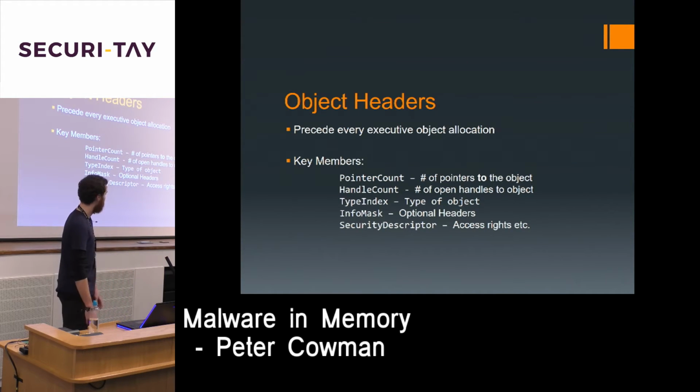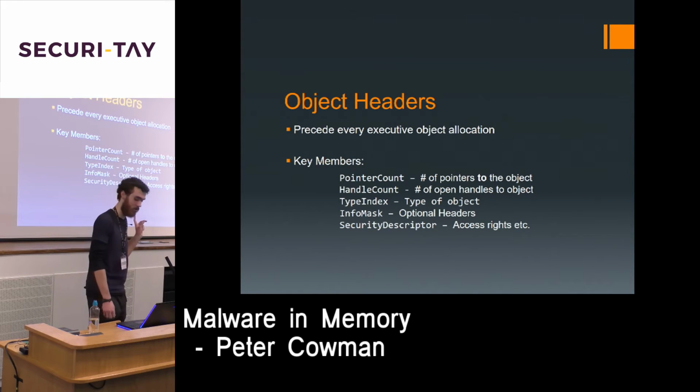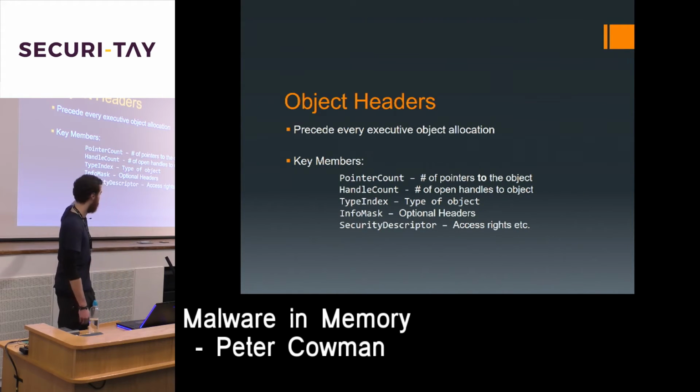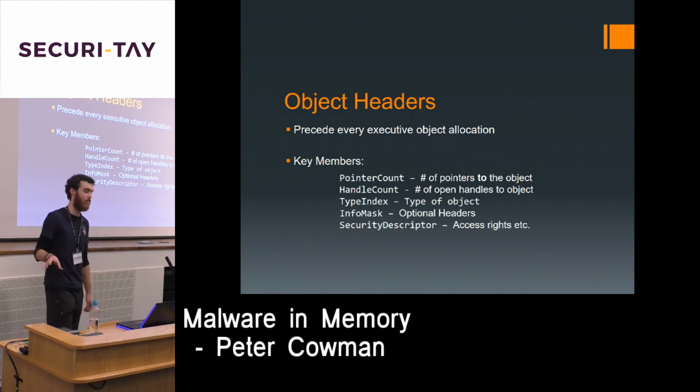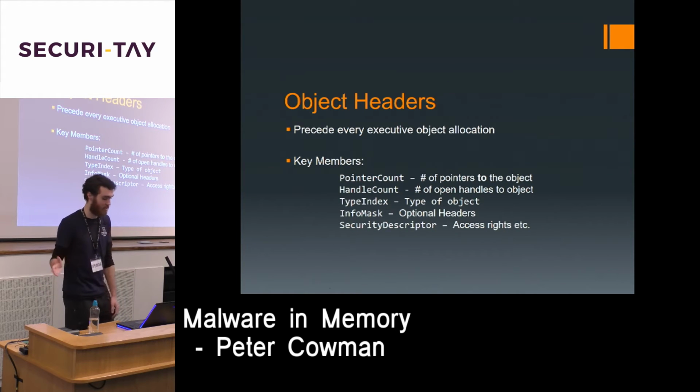As with a lot of this, I'm trying to keep it understandable on slides, but these tend to go down a hierarchy. So type index is an index into another array of different data types, which you then follow down the tree until you get to your actual reference of what type of object it is. But there are a couple of tables in between, and that's true of quite a few of these kinds of things.